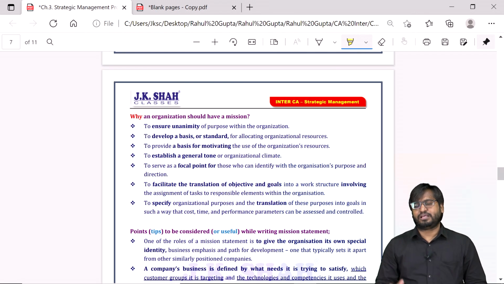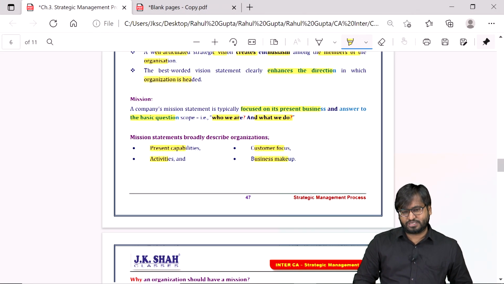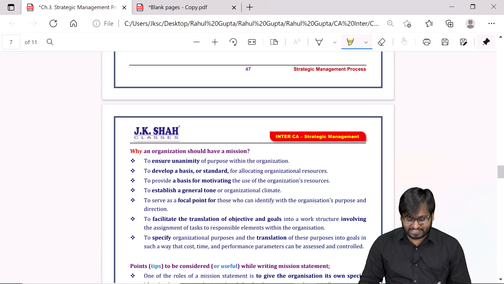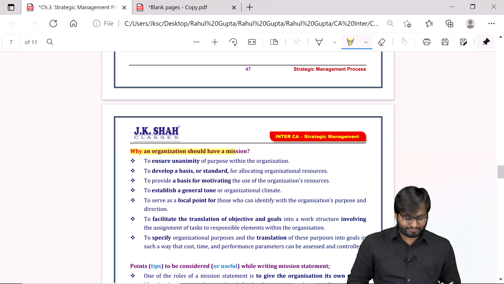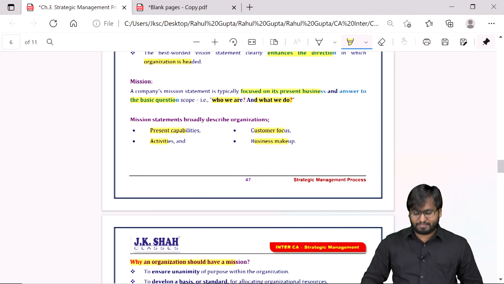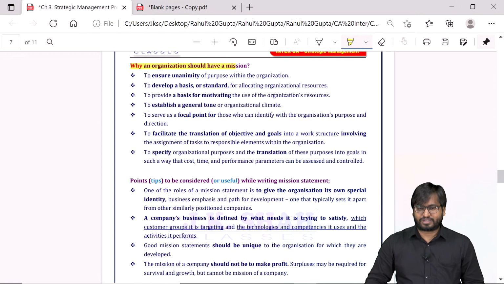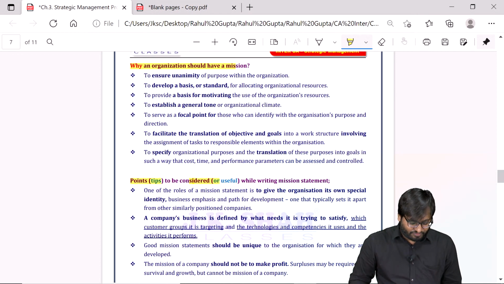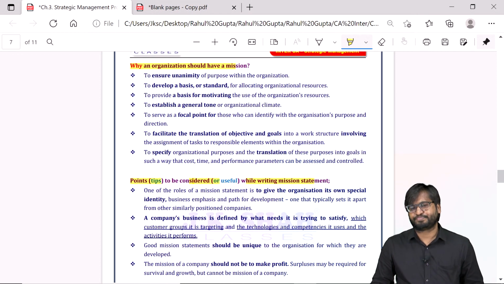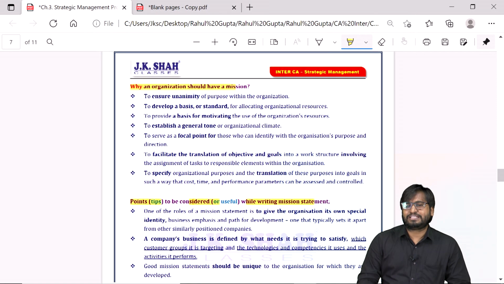Now the institute can ask you, what do you mean by mission? Why should an organization have a mission? What are the points to be considered while writing a mission statement? So let's tackle each one.